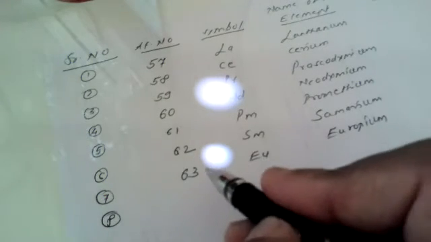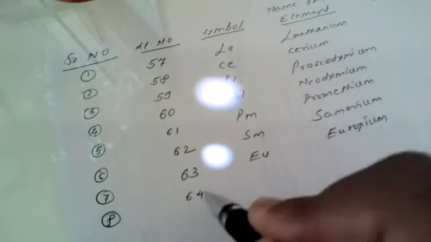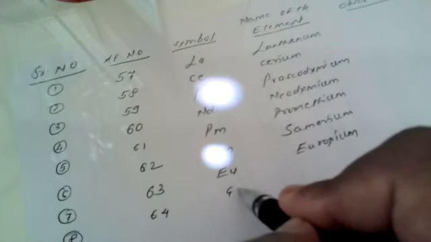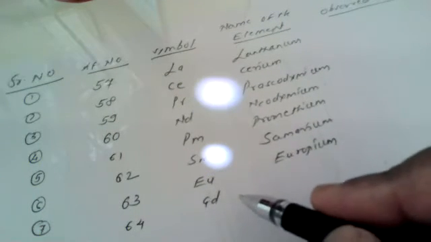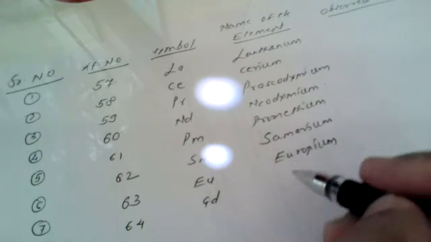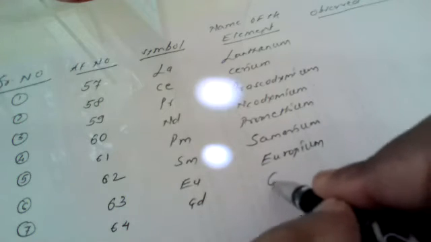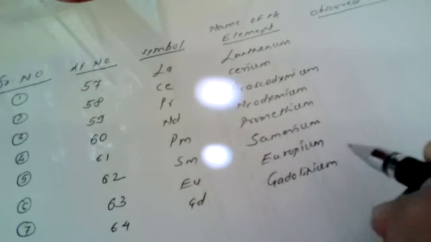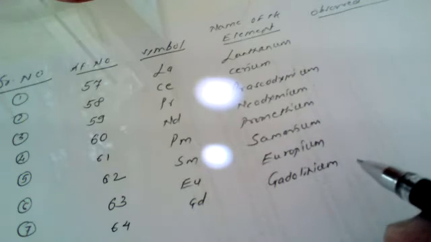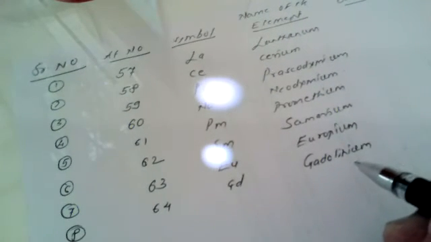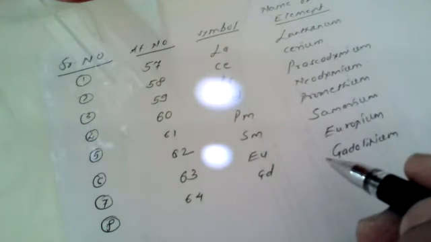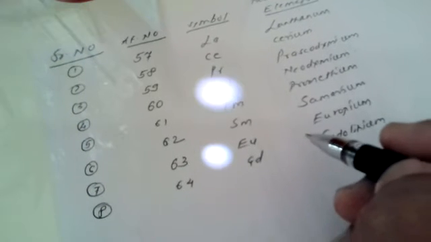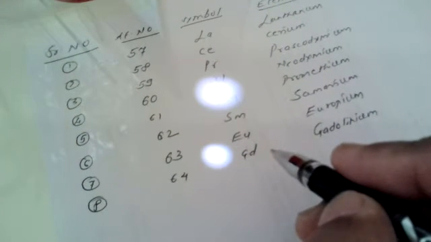Then serial number 8, atomic number 64. The central element having symbol capital G and small d. Name of the element is gadolinium. If you write side by side, then you will be familiar with the entire series of 15 elements.